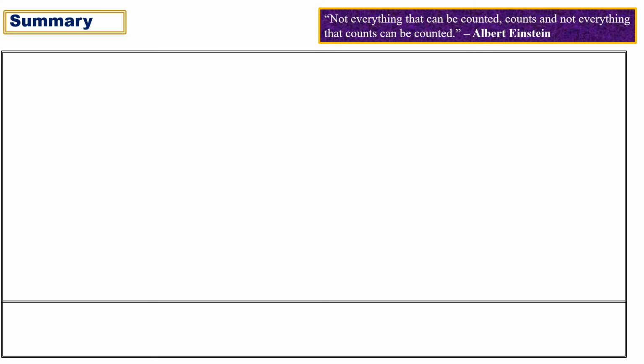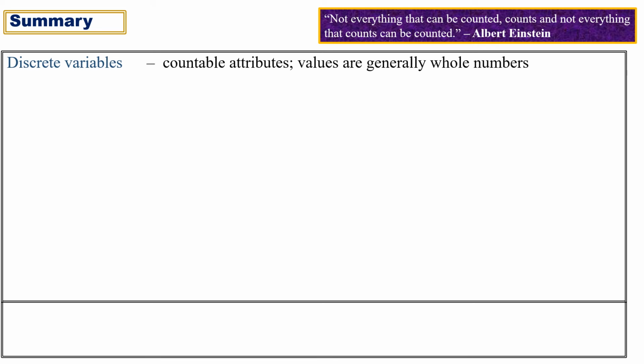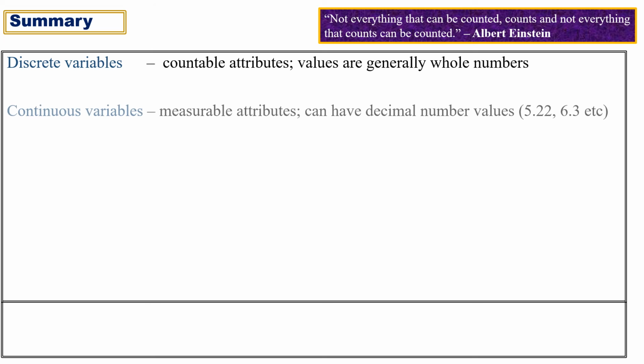So in summary, first we need to recall that discrete variables are countable attributes and are generally whole numbers, whereas continuous variables are measurable attributes and can have decimal number values such as 5.22 or 6.3. Just a note, for continuous variables you usually would have to use some sort of measuring instrument like a measuring tape or a scale to actually measure the value.